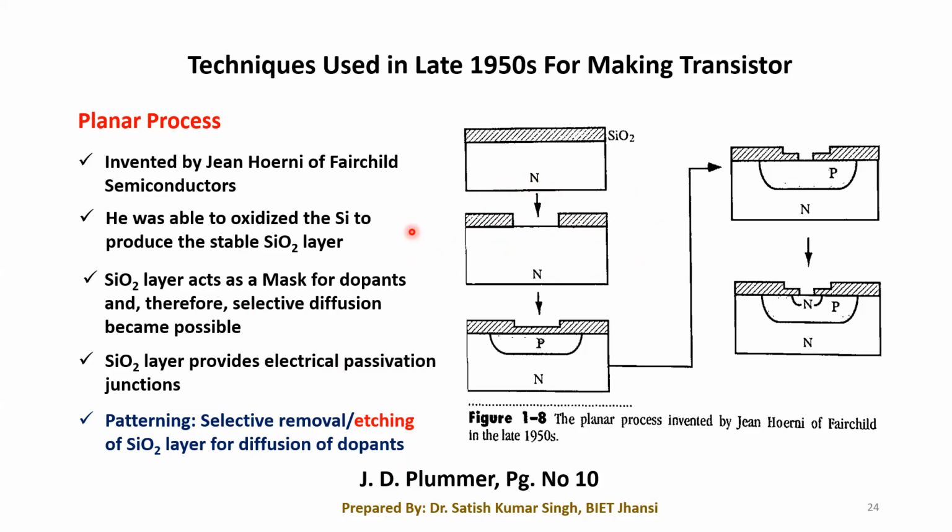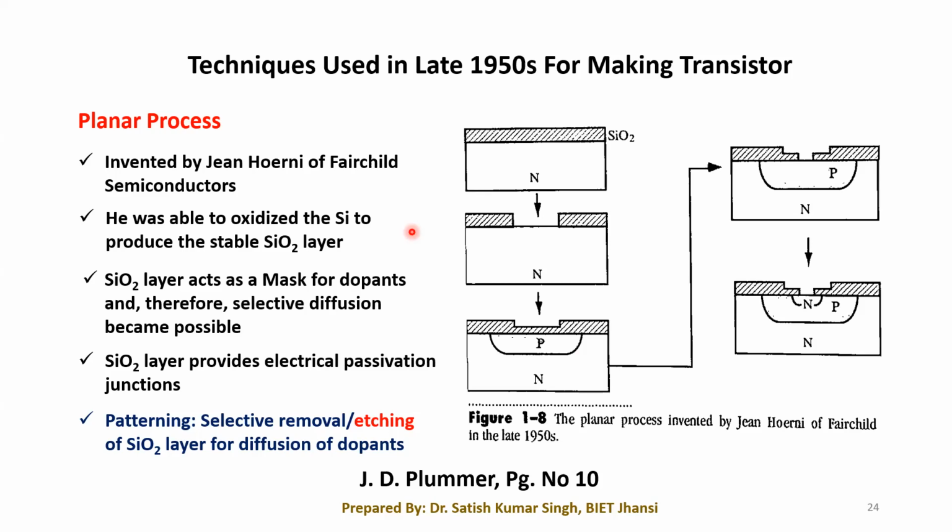But you already know that in the case of IC fabrication, what we need is billions of transistors. A very large number of transistors should be fabricated, and not only fabricated, but their proper interconnection is needed to make a particular circuit or to get a particular electronic function.